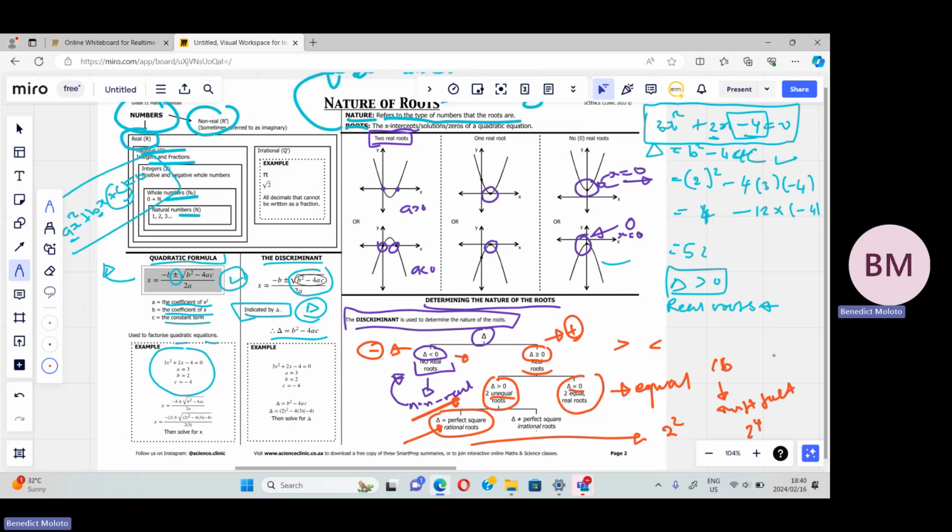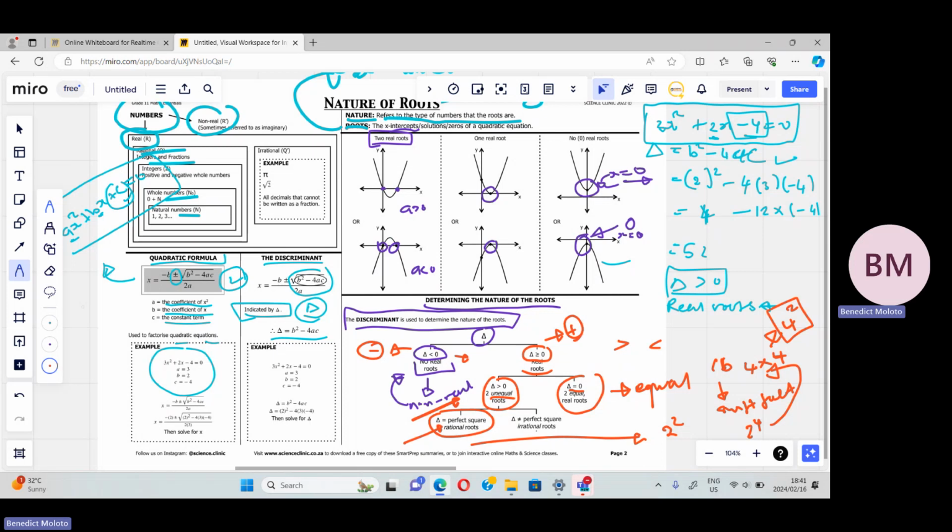And we know that for us to have 16, it has to be 4 times 4. This thing is 4 squared. Any number that can be written in the form of squared, we call a perfect square.